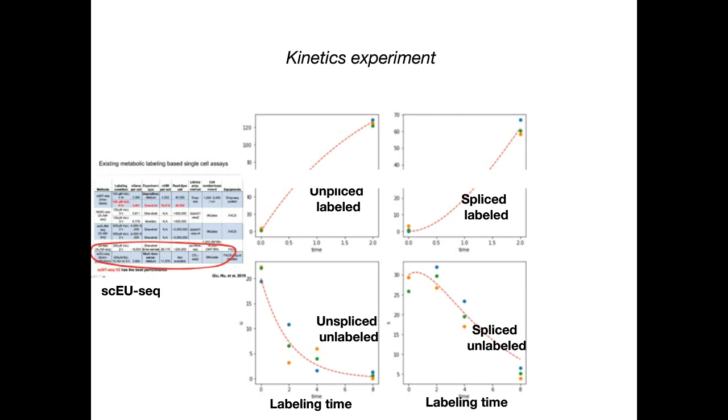On the other hand, the labeled species will always increase until it saturates. On the time scale of a kinetic experiment, it normally won't saturate. So the unspliced labeled RNA and spliced labeled RNA will always increase for a kinetic experiment.